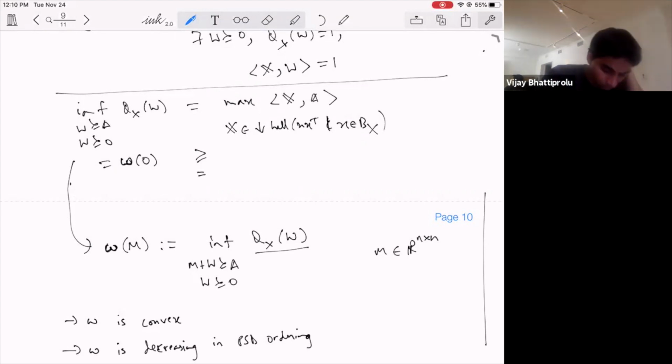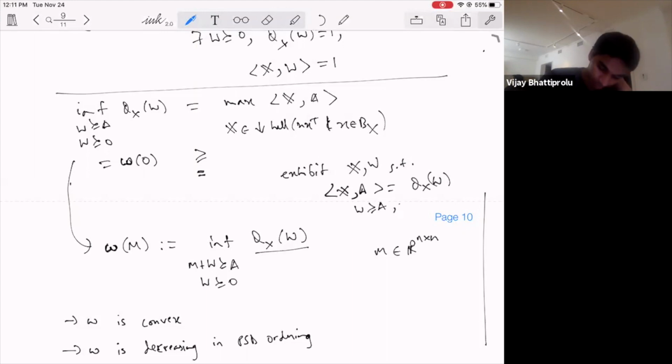And then we're going to show that it holds at equality by exhibiting an X. We exhibit X and W such that X inner product A is equal to QX of W, W is at least A, and W is greater than or equal to Z. Or in other words, we exhibit an X, of course, in this feasible region, such that X inner product A is equal to omega of 0.